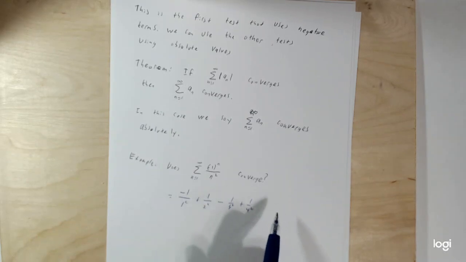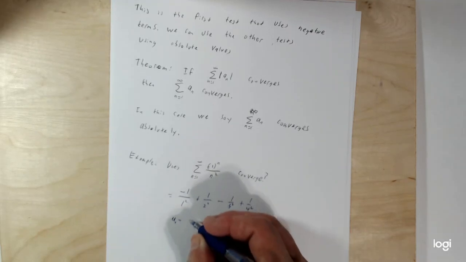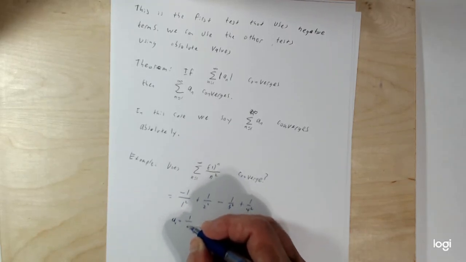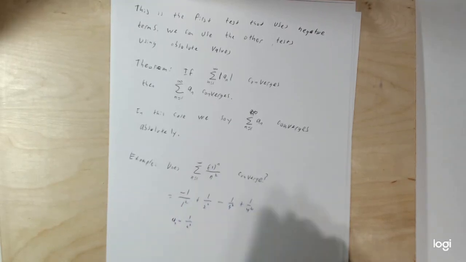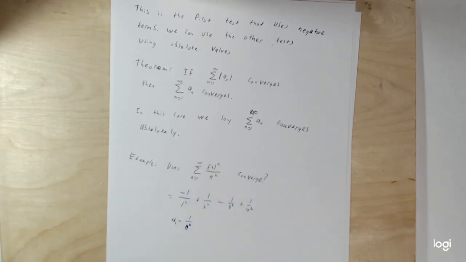And so we notice that this is alternating. The u sub n's are 1 over n squared. They're shrinking. Okay, so by alternating series test, we know this converges.